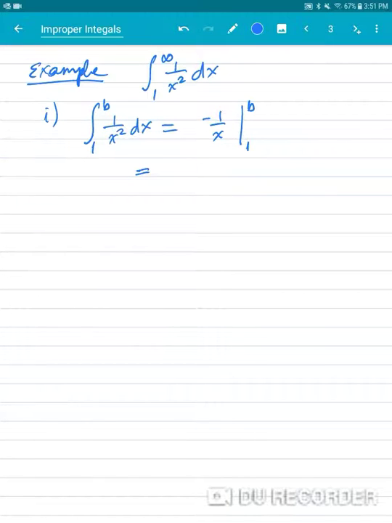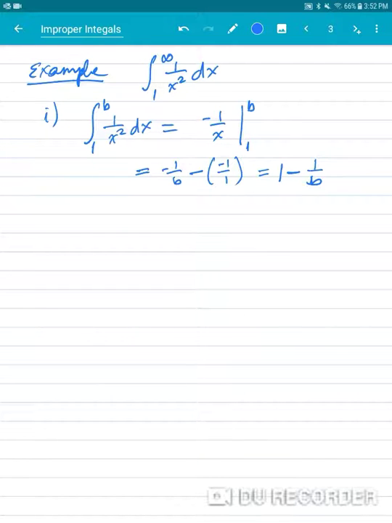Stick b in, minus, stick 1 in. So I put b, f of b minus f of a, the usual antiderivative definite integral. Well, this is minus 1 over b, minus minus 1, which means plus 1, minus 1 over b.